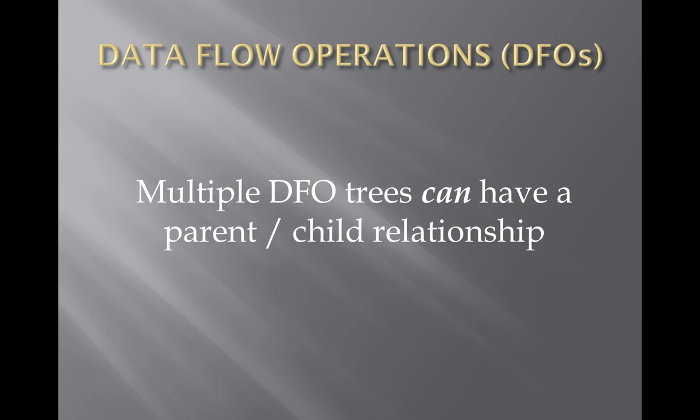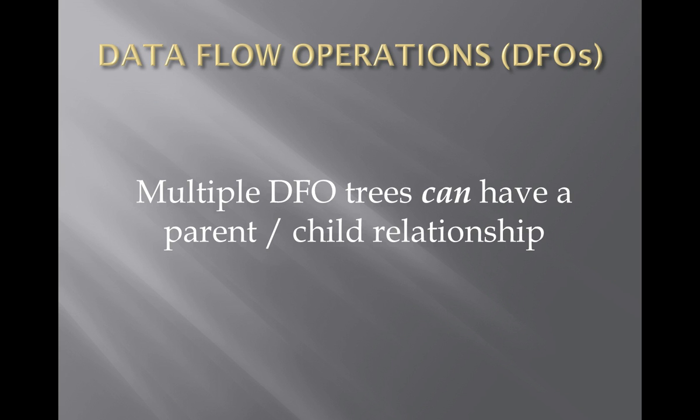They could also be below a common root, so that not one DFO tree is a child to another DFO tree, but they all belong to the same root. So it's possible that you have DFO trees that are related to each other in a kind of parent-child relationship, but it's not necessarily the case.